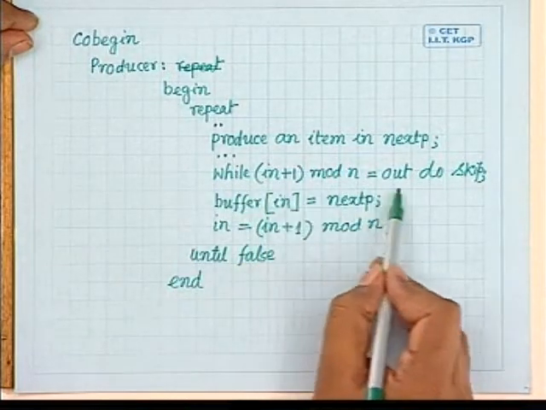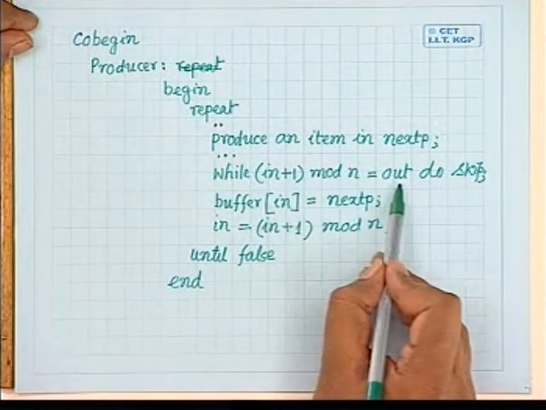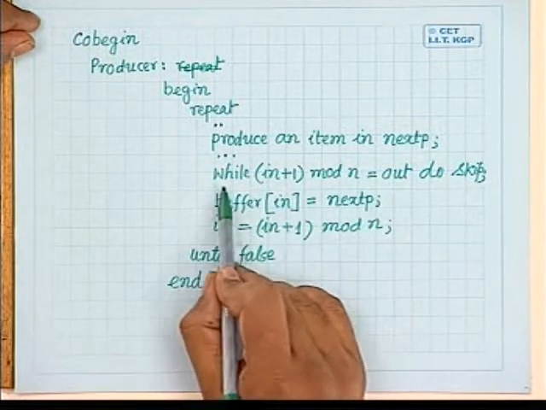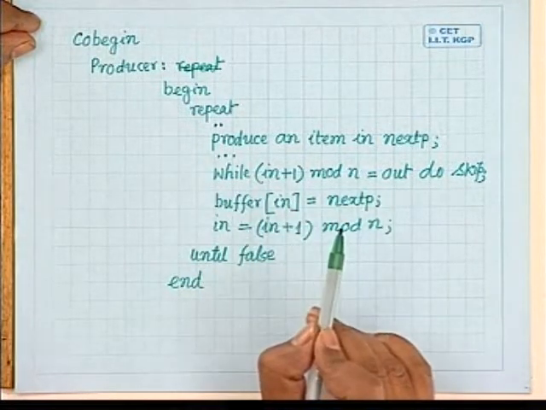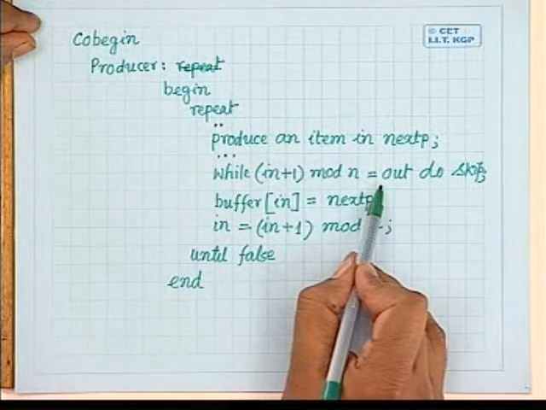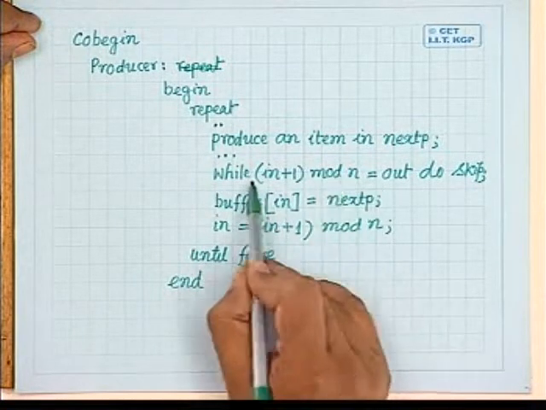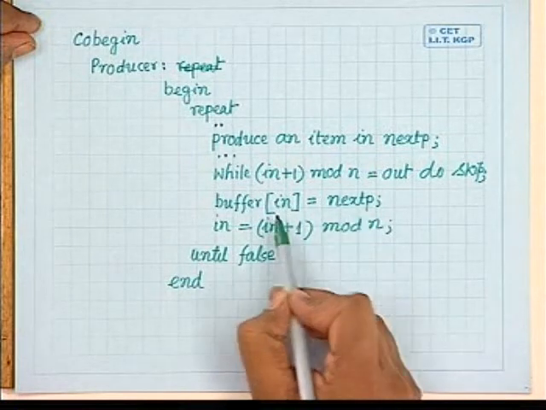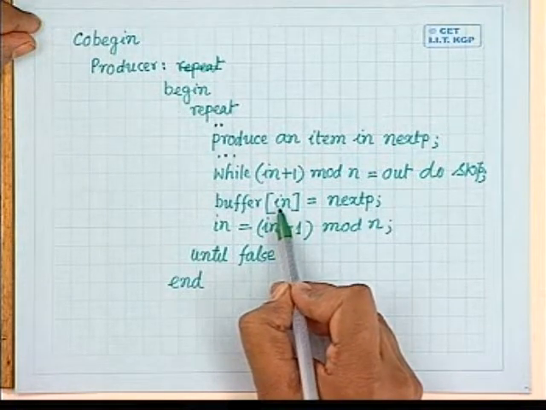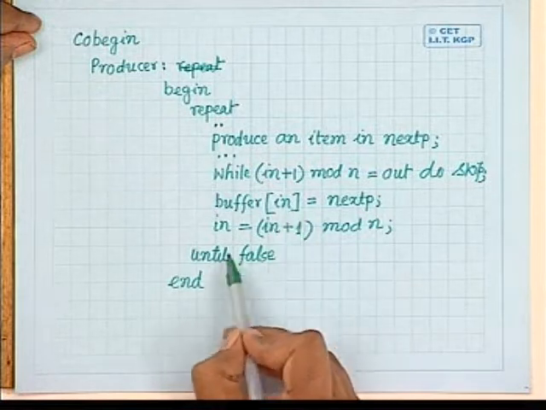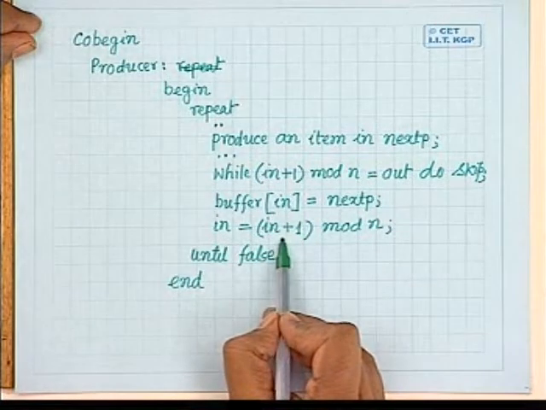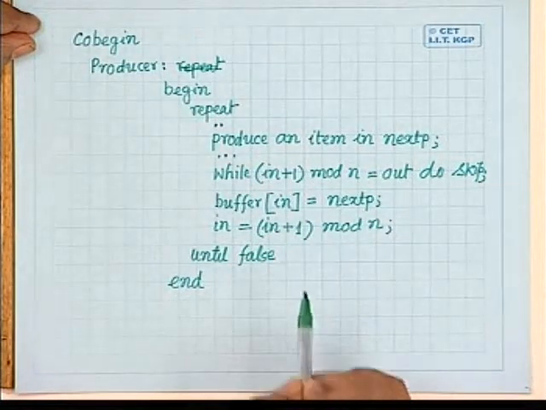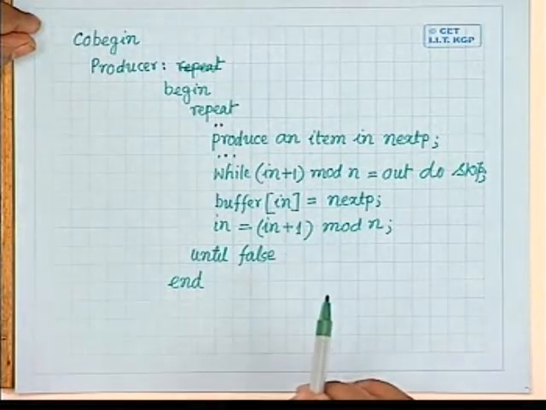So the producer process will remain in this while loop. Skip means doing nothing. It simply goes on executing this while loop. When this condition is broken, that is, the while loop is broken, it comes to the next step and places the item into the buffer at location in. And after that, in is incremented by 1 following modulo arithmetic, and that gives it the circular buffer nature.